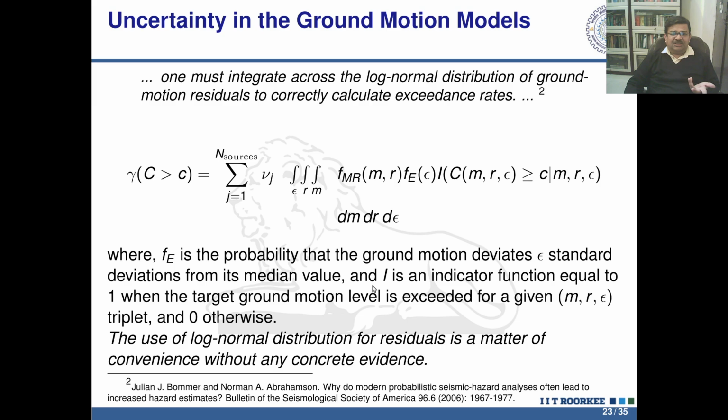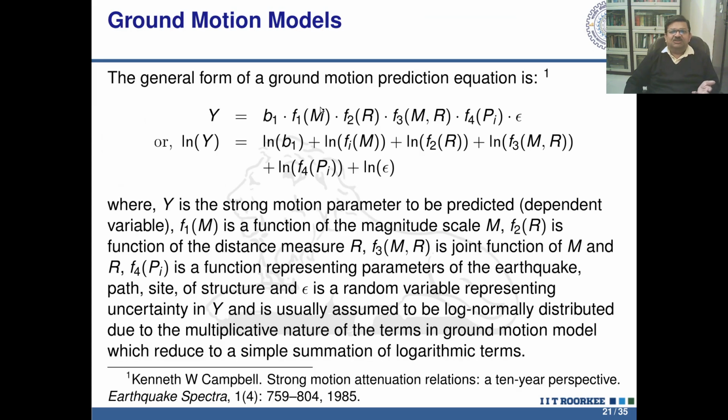But is it really valid? Use of log normal distribution for residual is a matter of convenience, because we just assumed this positive value, we don't know how to model it, take the log, very convenient, theoretical limit lifted, the values are ranging from negative to positive, so normal distribution to this range is possible, so we assume log normal.